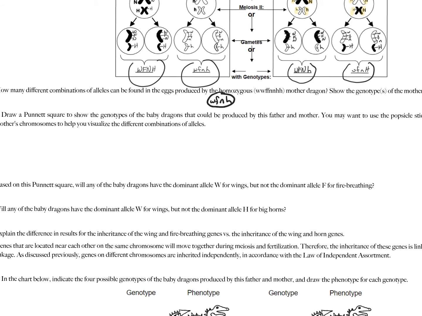That's all she can do. She'll produce 4 of them, but they're all going to be little w, little f, little n, little h. Why? Because that's all she has to give. All 4 of her eggs: little w, little f, little n, little h.